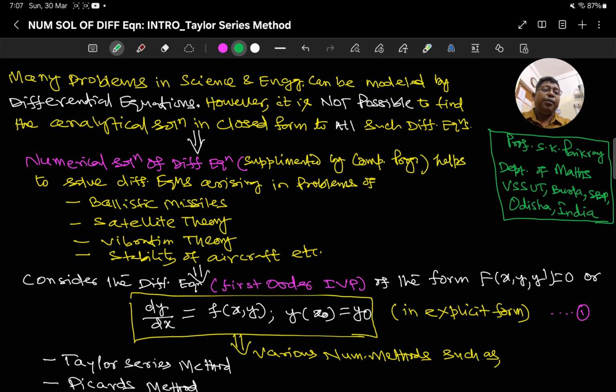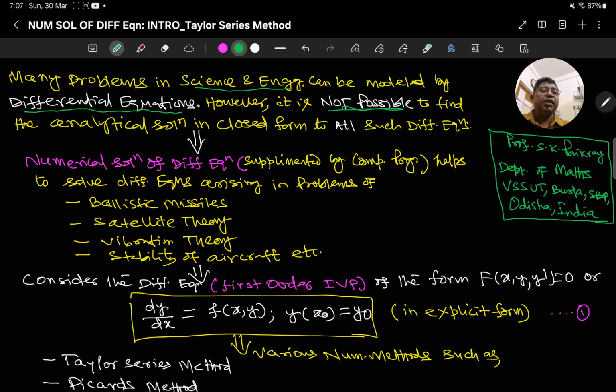Now, many problems in science and engineering can be modeled using differential equations, right? We know different techniques to solve differential equations, but it is not always possible to find the analytical solution in closed form. All such differential equations cannot be solved by the usual techniques.